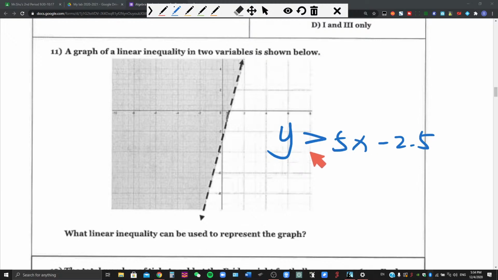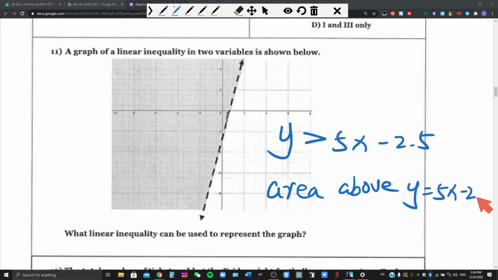That means the meaning of this is the area above the edge, or this line. So the inequality will be this.